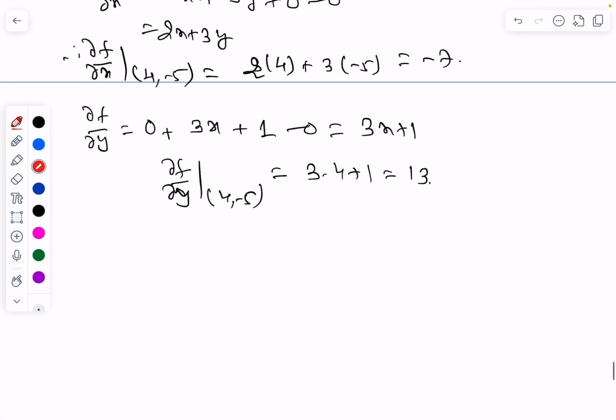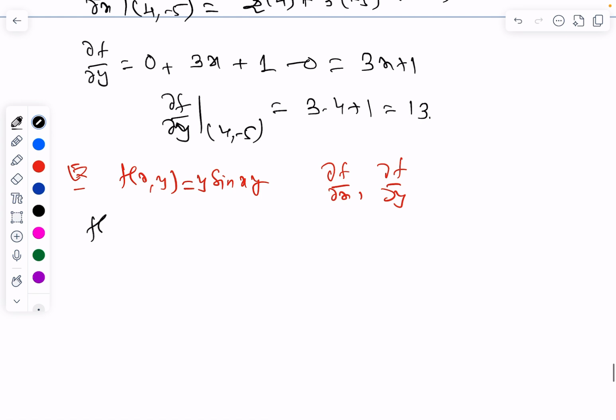Next, let us take f(x,y) equal to y times sine of xy. So we find del f by del x, and we find del f by del y. So f(x,y) equals y times sine xy.